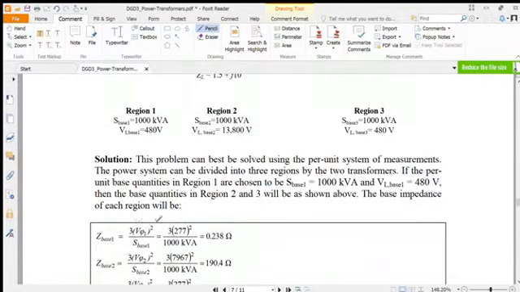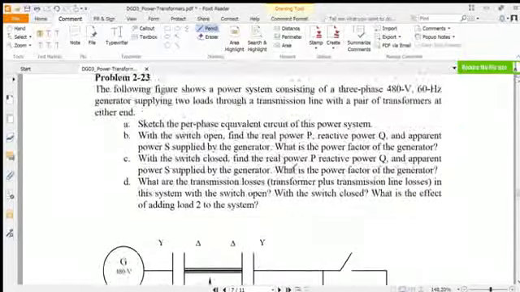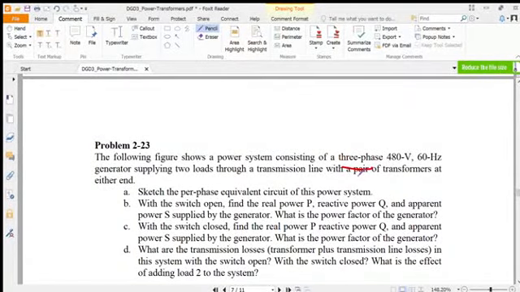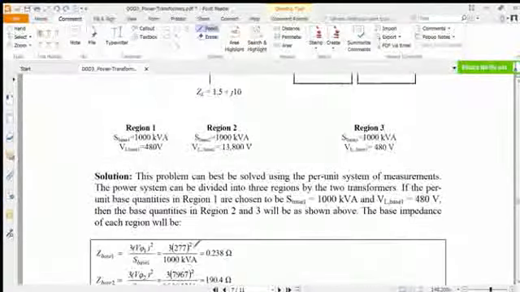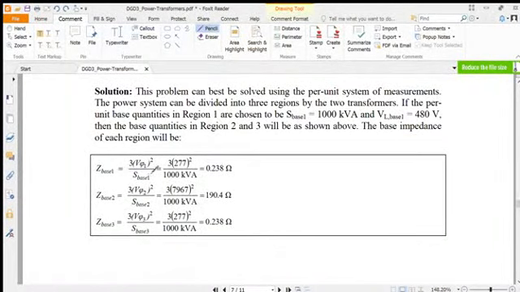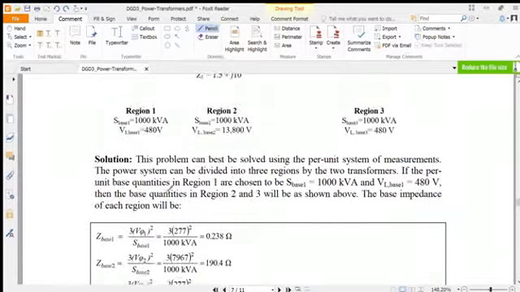This is for a three-phase circuit, so it is 3, and this is the single phase voltage. If we divide 480 by root 3, we get 277, and then multiply by 3. Or we can just use this value and put it directly over here. So we find the base value there.